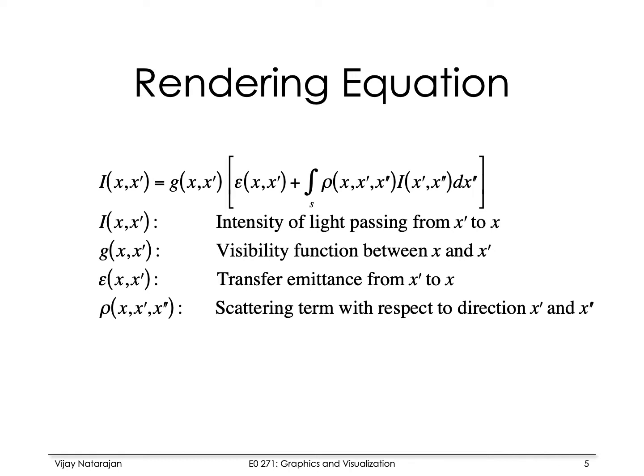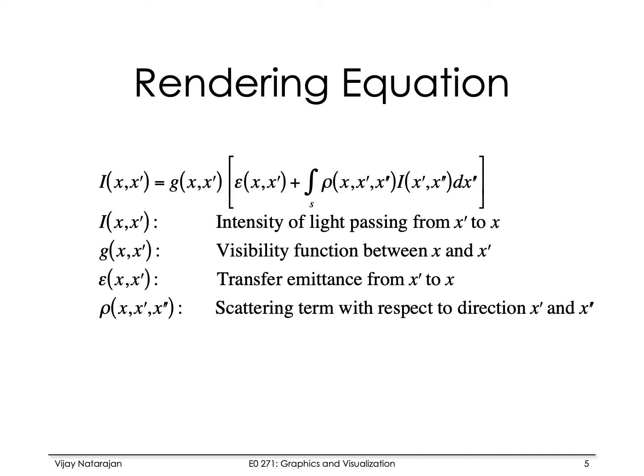So first we have a function g, which tells us if x is visible from x prime. And then we have a term epsilon, which tells us how much of the light that emanates or originates from x prime reaches x. The next term is an integral term. And so what we are integrating here is rho, which is the scattering term.